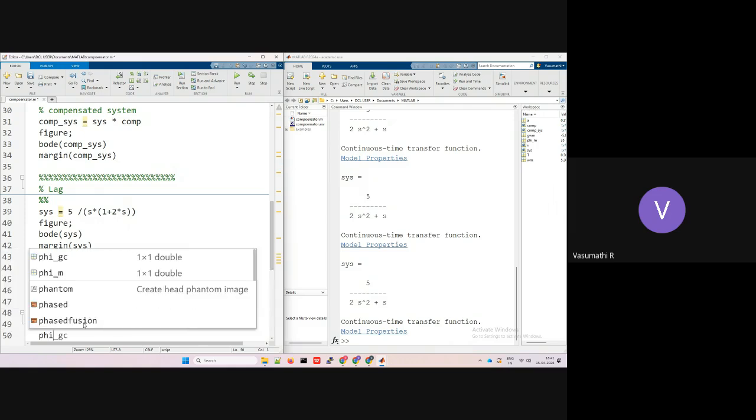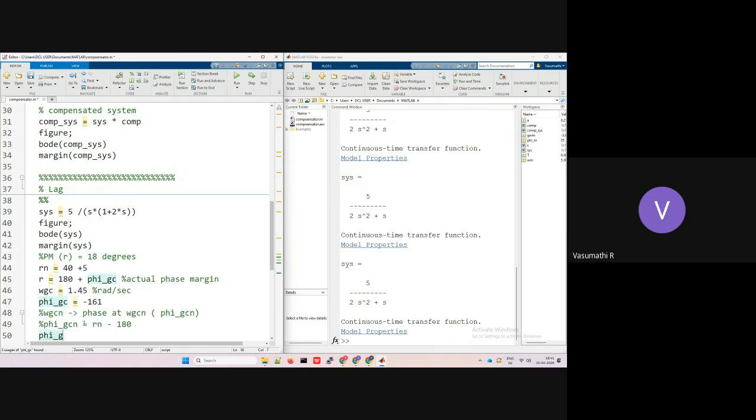So phi GCN is the new phase angle at the new gain crossover frequency, where you want to shift your Bode plot for the compensated system. That is happening in the future, so you are calculating it right now. So gamma n is your 45, right? Gamma n is desired plus epsilon, 45, minus 180 degrees phase angle. That is your phi GCN, the phase angle at your new gain crossover frequency.